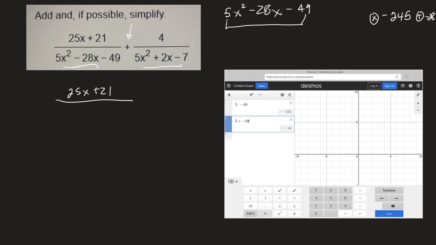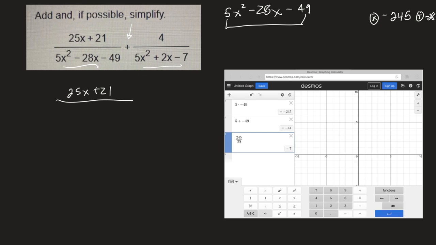What else will divide into 245? 5, well, 10 won't. 15? 15, no. 25? No. How about 35? 245 divided by 35 is 7 times.